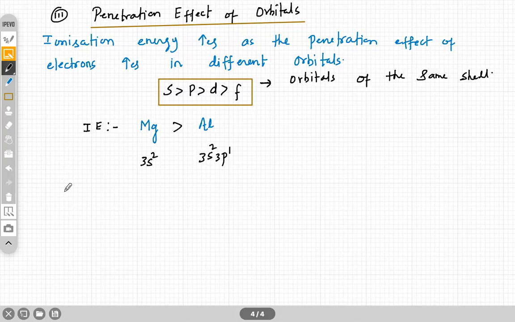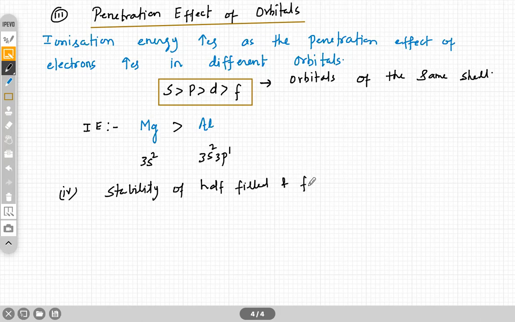Fourth one, you write down. The fourth one is the stability of half-filled and fully filled orbitals.